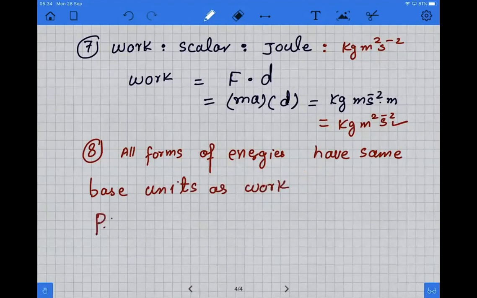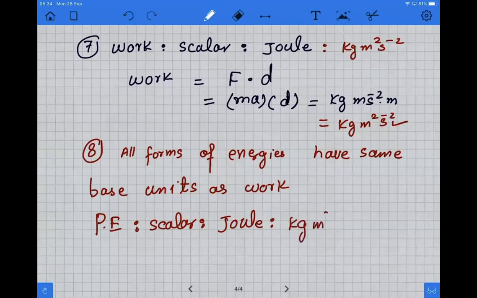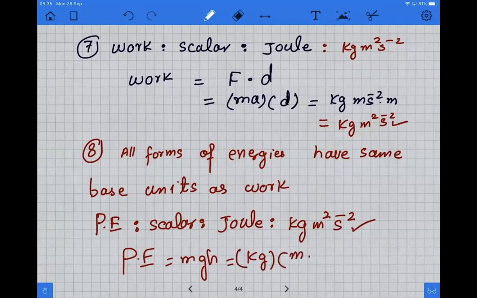For example, if they ask you potential energy, it is also a scalar. Its unit is joule. Its base unit is same as work, kilogram meter square second minus 2. You can also prove the same result using PE is equal to mgh, as unit of m is kilogram, unit of g is meter per second square, and unit of h is meter. So we can also calculate this same result using the formula for potential energy.